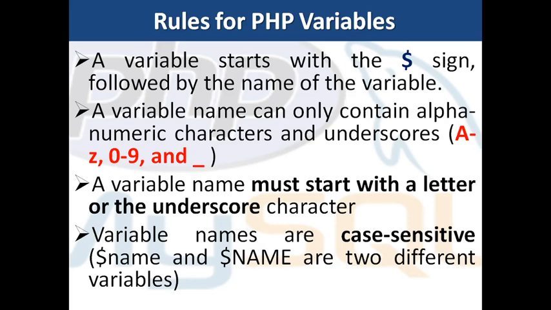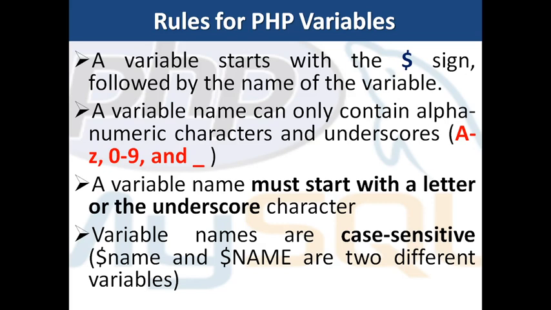A variable can have a short name like X and Y or a more descriptive name like name, city, area, etc. A variable starts with the dollar sign followed by the name of the variable. A variable name can only contain alphanumeric characters and underscores, capital A to lowercase z, 0 to 9 digits and underscore.